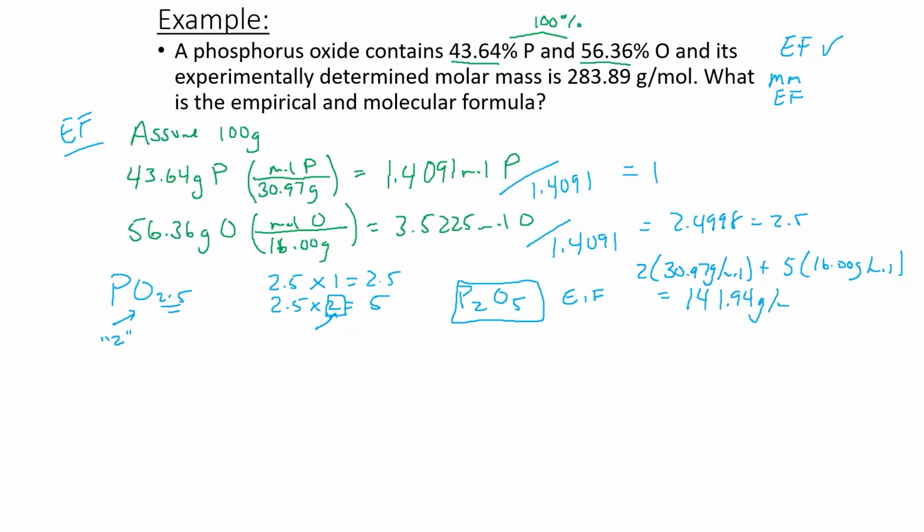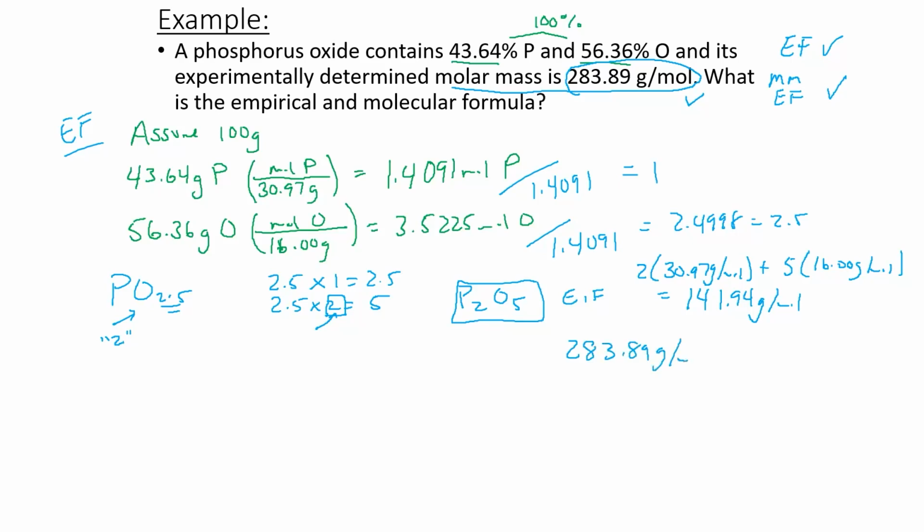So 141.94 grams per mole is our molar mass of the empirical formula. And once again, that is the second thing that we need to get to the molecular formula. And the last thing that we need is molar mass of the compound, which was given to us as 283.89.